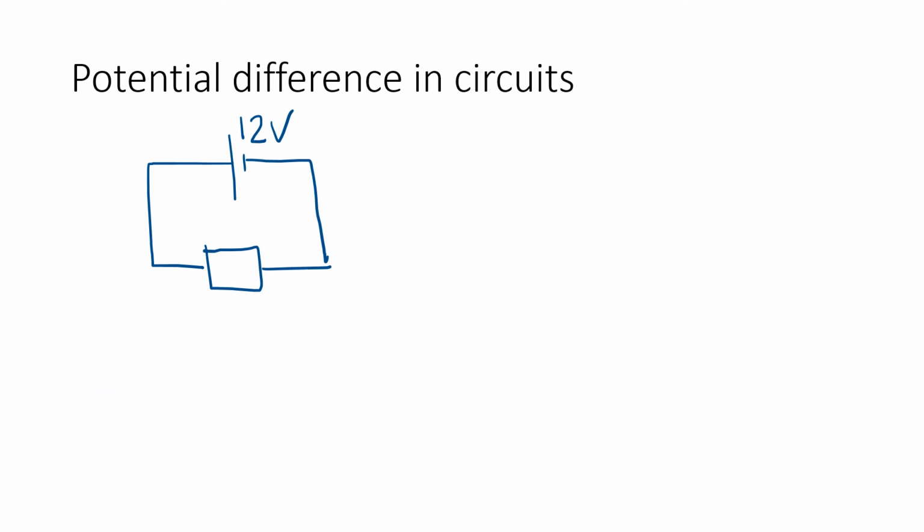So we're now going to look at potential difference in circuits. If we have a circuit drawn like this with 12 volts labelled, we can assume that the EMF of the cell is 12 volts.